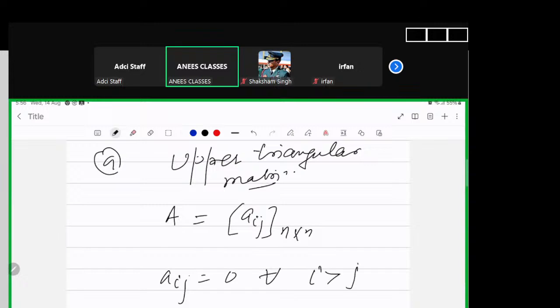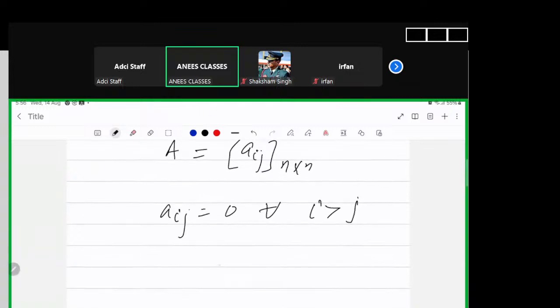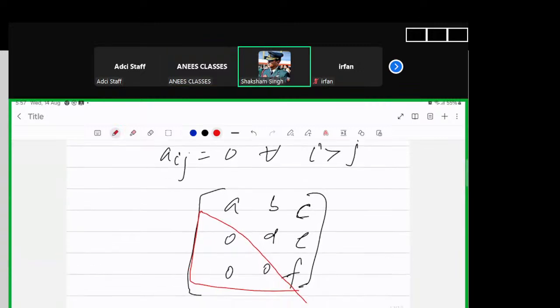For i greater than j, this will be 0. That means, for 3 by 3, upper triangular: a, b, c, 0, d, e, 0, 0, f. This is called upper triangular. Understood everyone? Yes, sir. You can see here a triangle is forming, right? 0, 0. Okay?